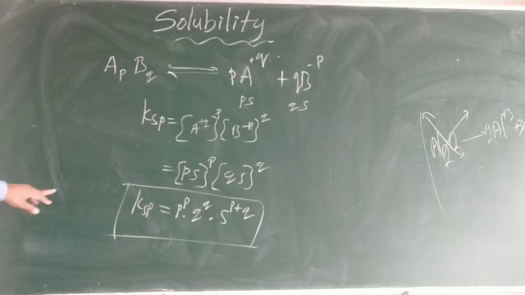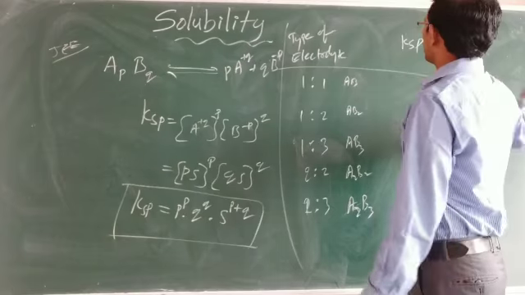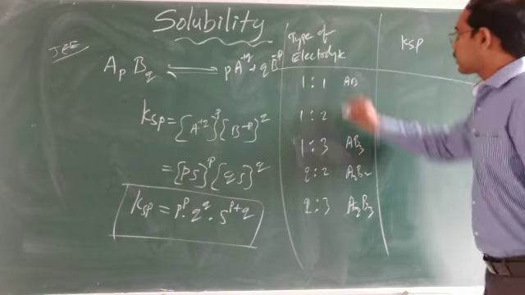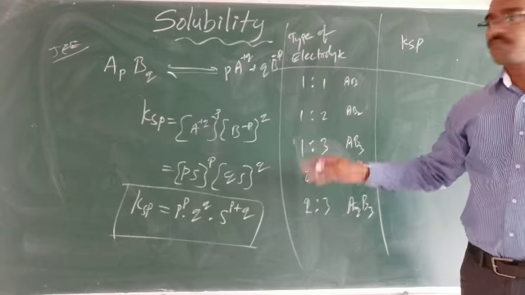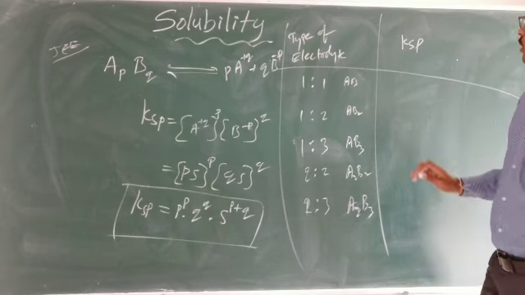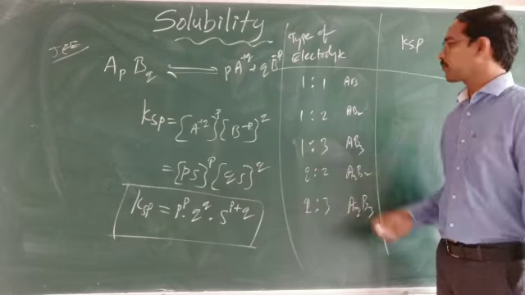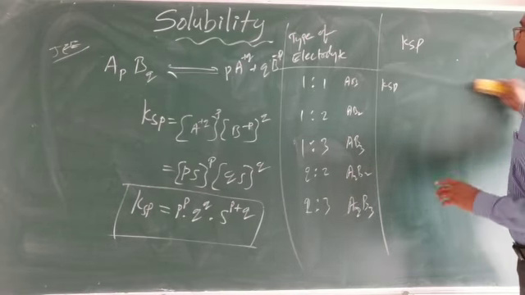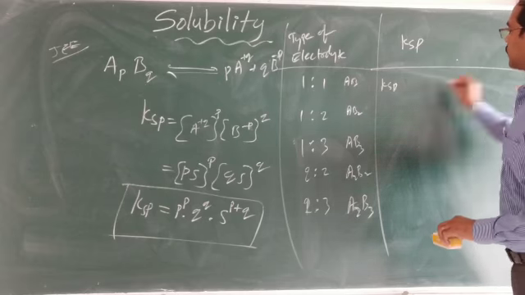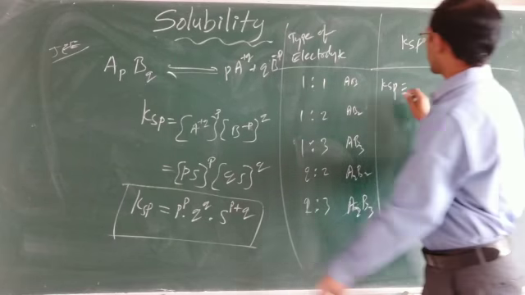समझ गया? Note down this. See here, just you make one table. Type of electrolyte. 1:1 electrolyte, just like we did that AgCl. I am taking AB. Based on this, you can write direct formula. So KSP equal, क्या होगा? तो see P to the power of P, that means 1.